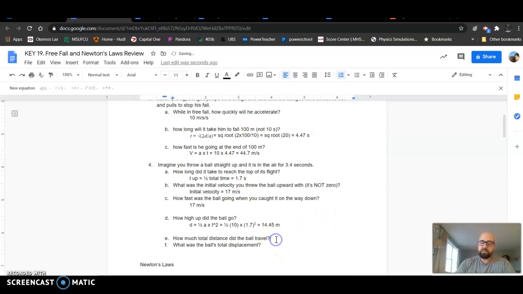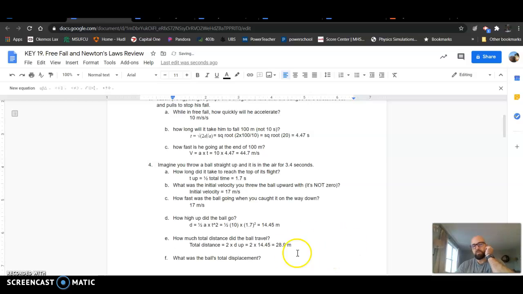How much total distance? So now we know that the ball went up and then it came back down. So the total distance equals 2 times the D up, which is 2 times 14.45, which is 28.9 meters.